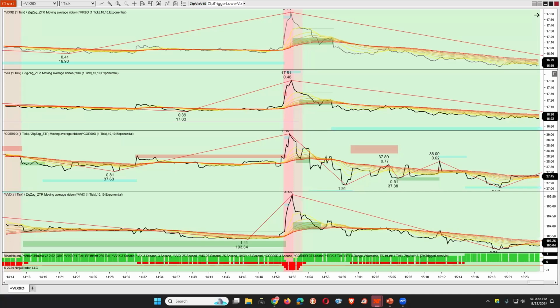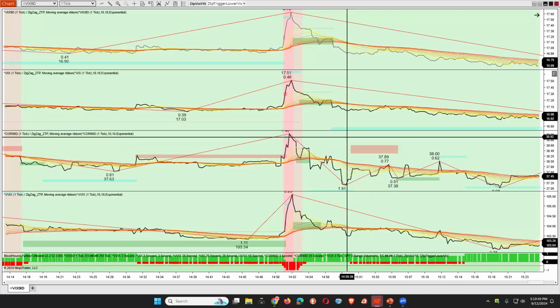Matt asked if the tools will be effective during the overnight session, and basically the answer is no. In the overnight session, the VIX opens at 3 a.m. Eastern. So you do have the VIX, but you don't have any of the other tools that are going to help you with the trade. You don't have the Core 90D. You don't have the VIX 90.